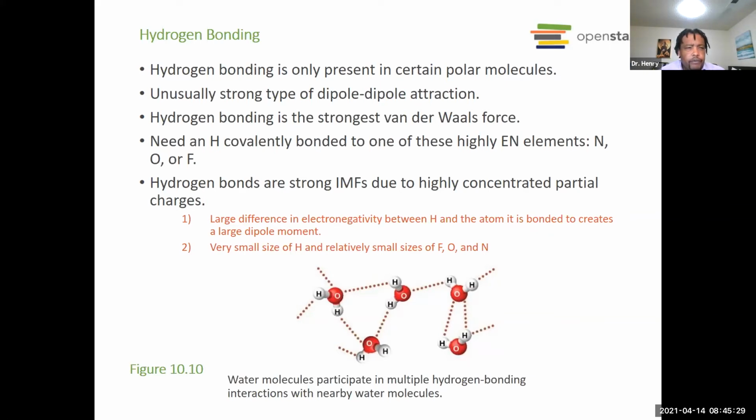Does that make sense? So the strength of electronegativity is also going to be a factor. That's what I'm saying. So are you with me so far? Yeah. Okay.